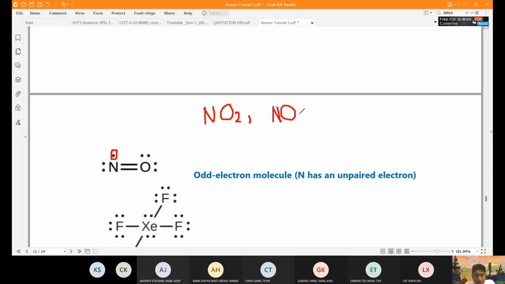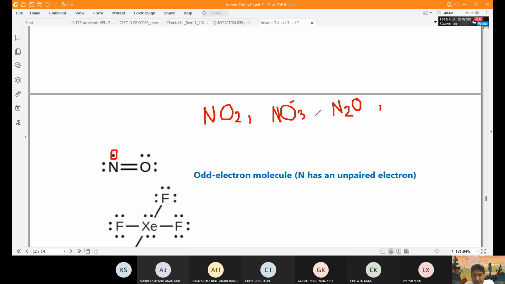the nitrate ion, NO3 negative. Another one in that video is dinitrogen tetroxide, and dinitrogen oxide, laughing gas.